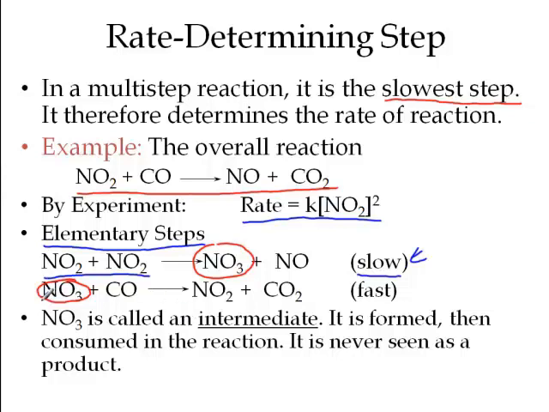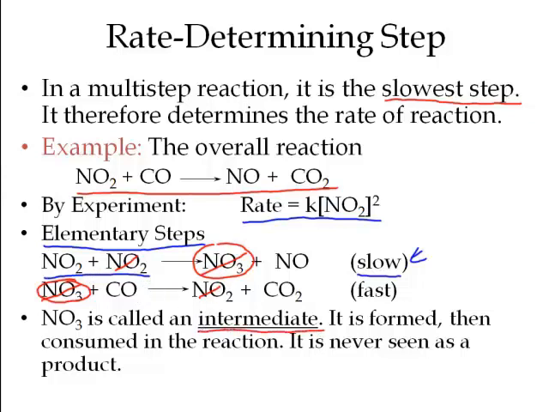So basically, these are on either side, so they cancel each other out, right? And actually, one of these NO2s cancels out there. The components that are part of the steps but cancel each other out, we call those intermediates.